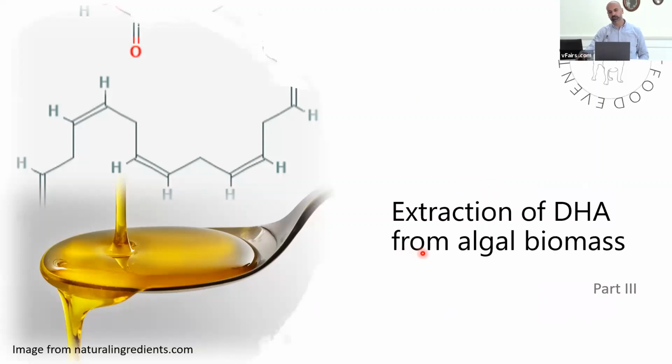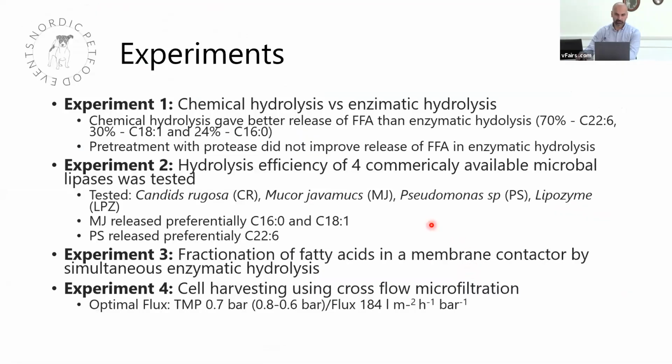In part 3, we'll demonstrate the extraction of DHA from algal biomass using membrane contactor technology. This was done in 4 experiments. In experiment 1, chemical hydrolysis was tested against enzymatic hydrolysis. Chemical hydrolysis is much better.